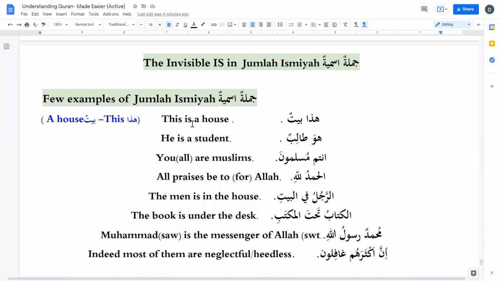If you look at the same examples that we already discussed, you see hada baitun. Hada is this, and baitun is a house. Do you see any word in Arabic for is over here? You don't see any word, right?